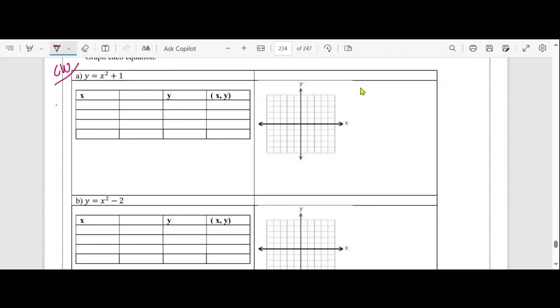So number 1, what do we have to do? Vertex. To get the vertex, I need to find how much is A, how much is B. A is 1, B is 0.